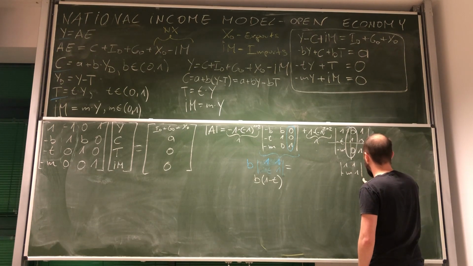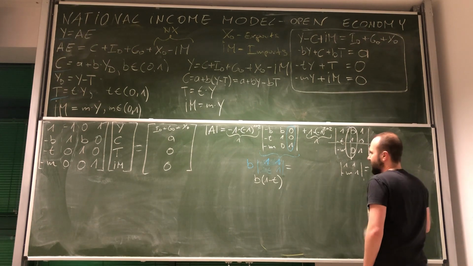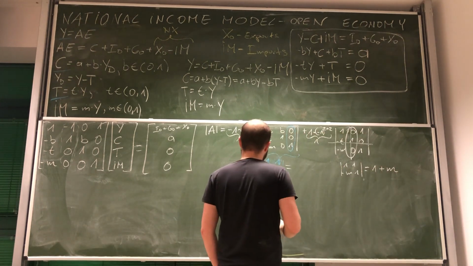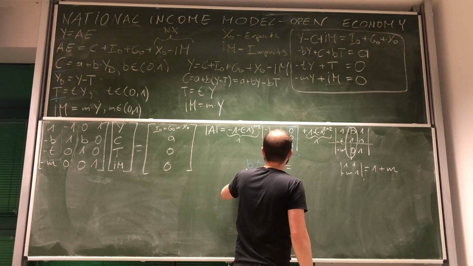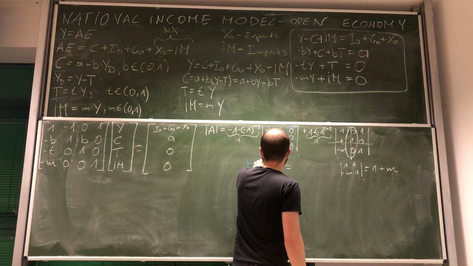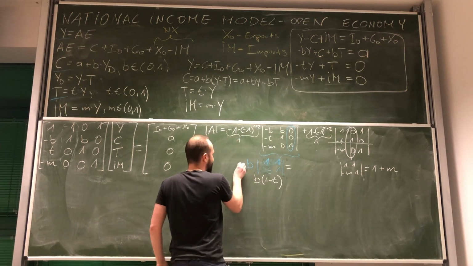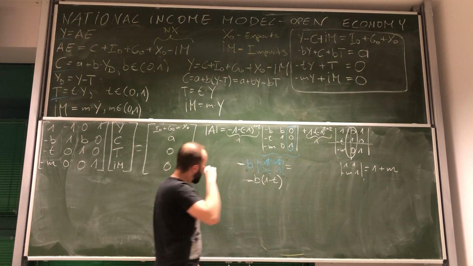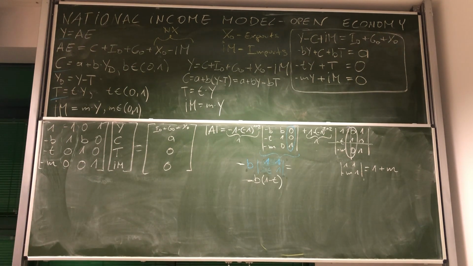So this is 1 minus minus plus m. So here we are missing a minus somewhere. This is 1 minus t, b, give me a second, I've taken minus b out, yeah. So I've taken minus and b, so this is what we got.